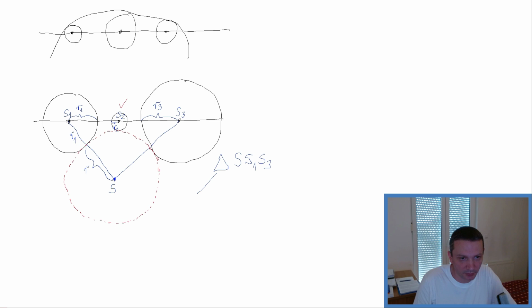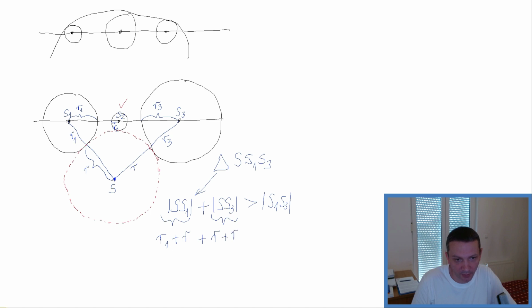So we know the basic triangle inequality: the sum of two sides of the triangle, SS1 plus SS3, is greater than the third side of the triangle, S1S3. But SS1 is simply R1 plus R, and SS3 is R plus R3.